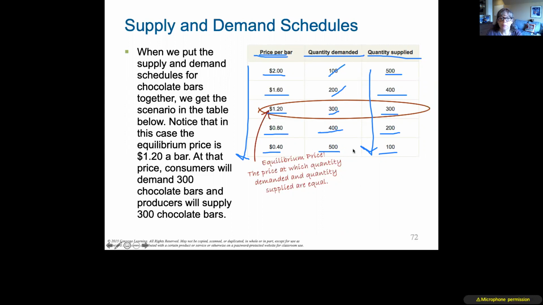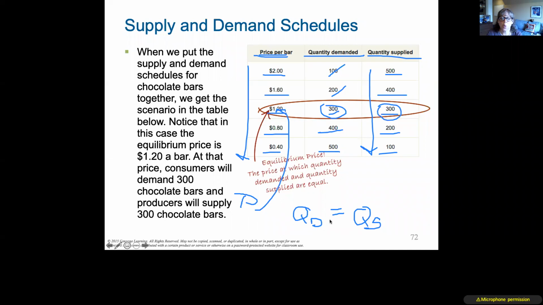Now, to find the equilibrium, you need to find out where the quantity demanded is equal to the quantity supplied. And that happens at 300. So the equilibrium price becomes what? $1.20.